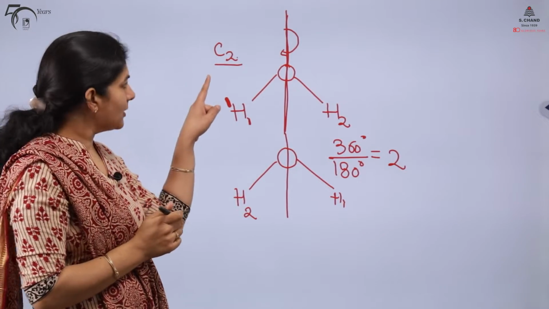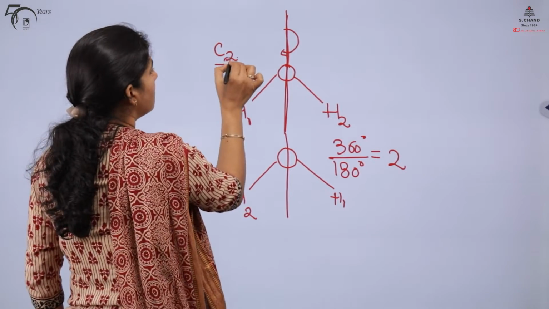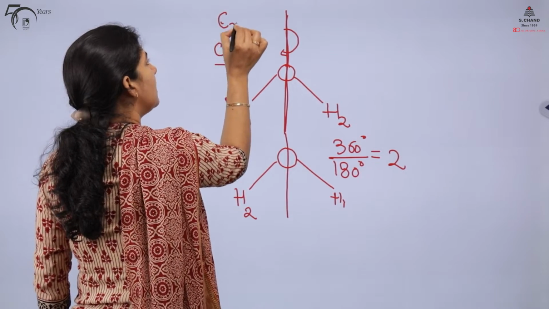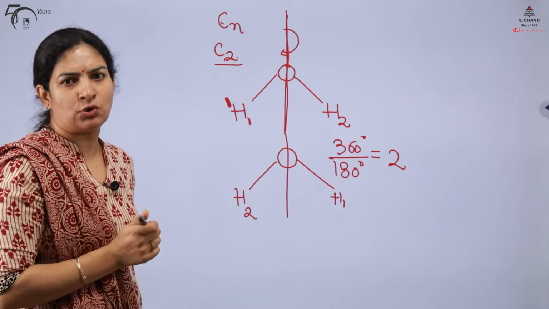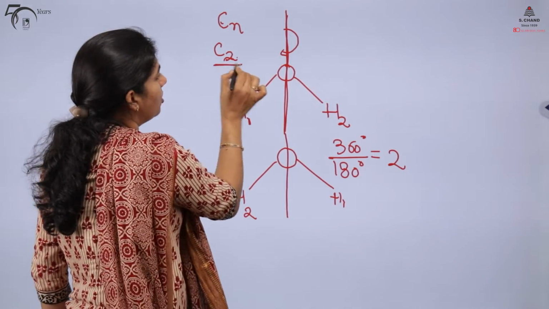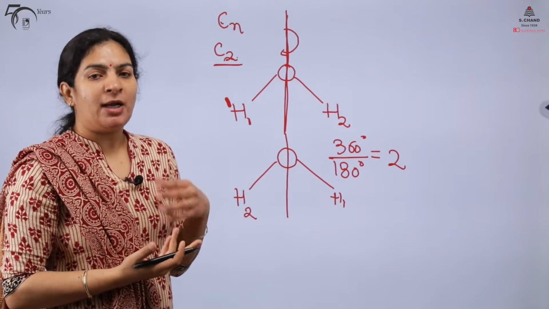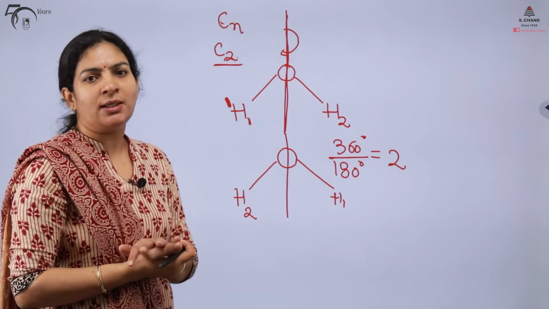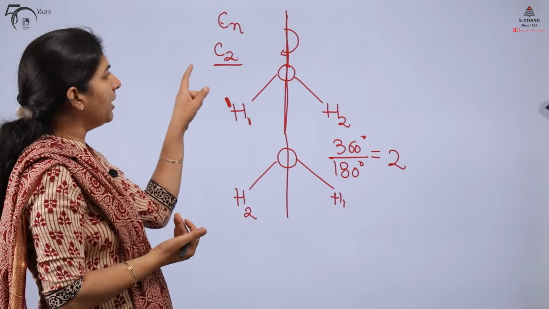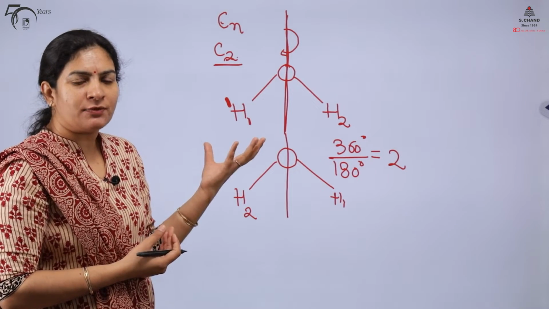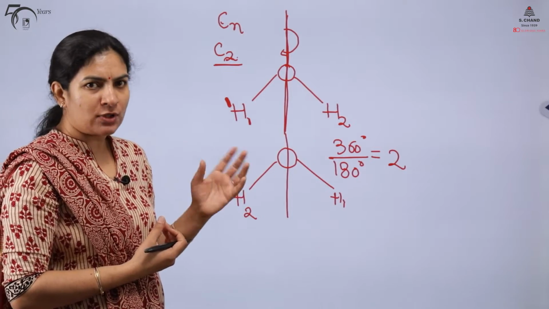C stands for axis of symmetry, and then this subscript, in general we can write Cn axis of symmetry. So, this is a C2 axis of symmetry. Depending upon the molecule or the solid under consideration, it may be a C2, C3, or C4 axis of symmetry.